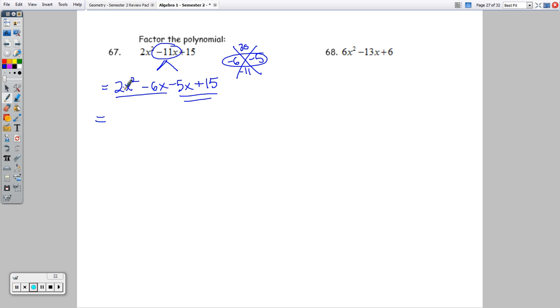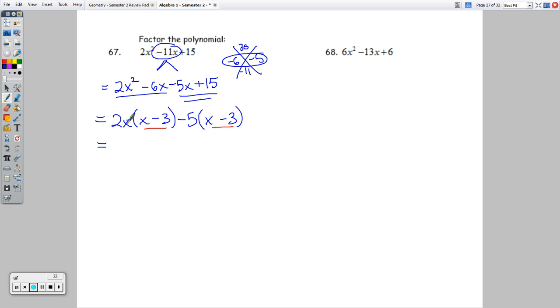We can put these two together and think of what can be factored out of those two, 2x, and you'd have x minus 3 left. If we think of those two together, what can you factor out of those two? Looks like a 5, and if that first term is negative, always take out the negative with it. If you factor out a negative 5, you'd have x minus 3. As long as these are the same right here and here, that means you probably did it right.